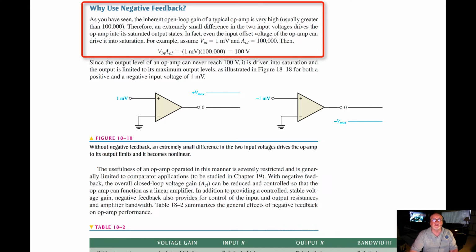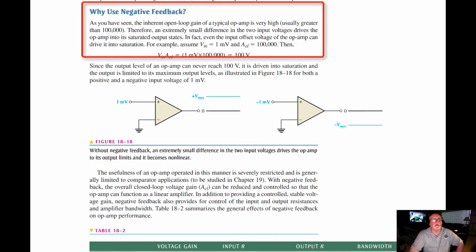It gives you some examples here of a mathematical relationship for calculating the value Vn and AOL, the open loop gain.